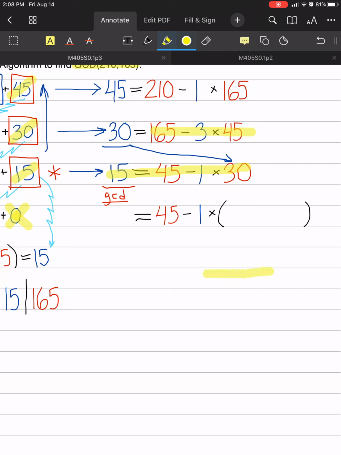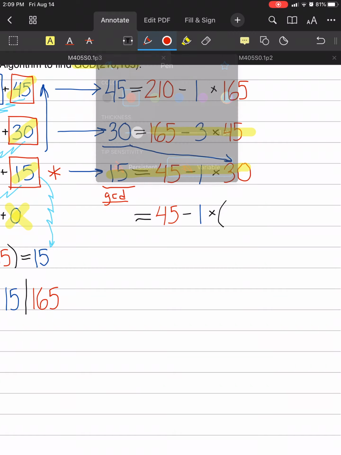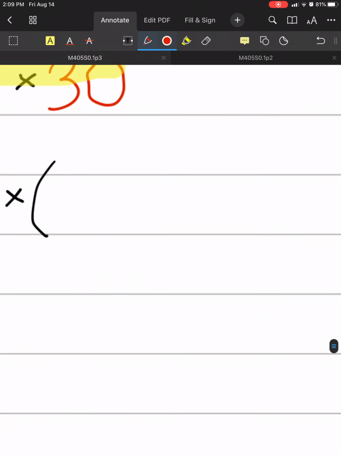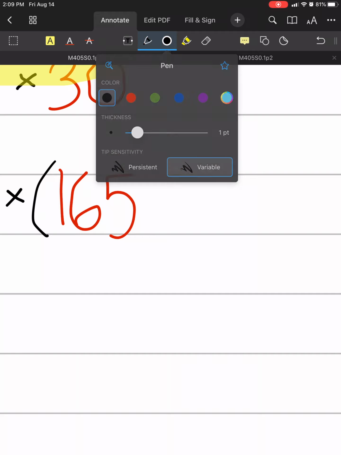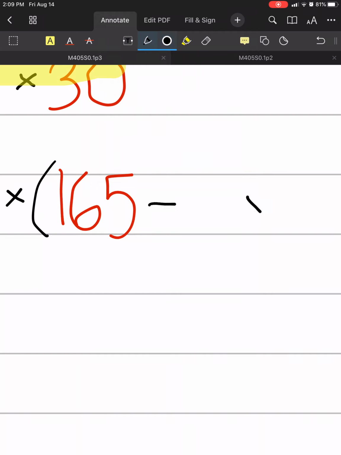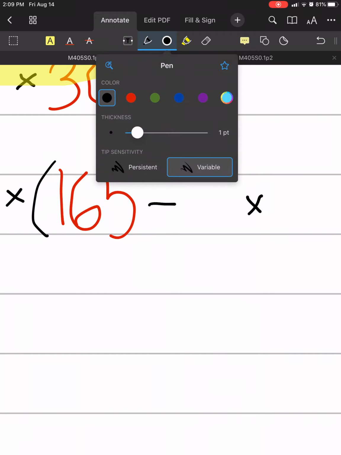And I think I might actually need a bigger spot, but let's go ahead and do it. So it should be, instead of 30 now, 165 minus 3 times 45. Okay. Let's do this here. So 165 minus 3 times 45.